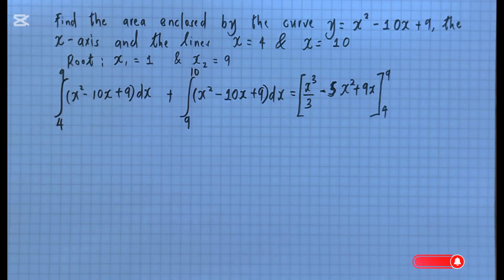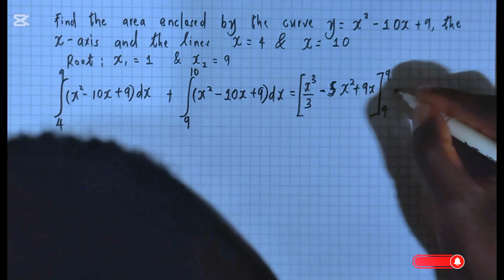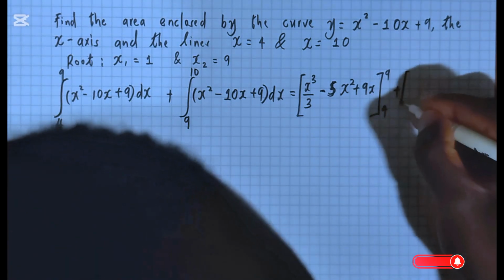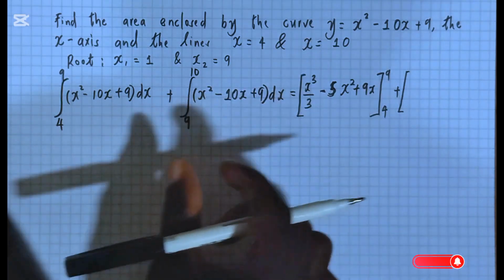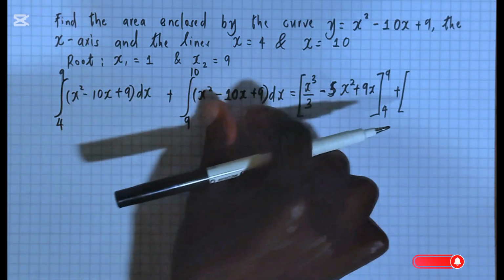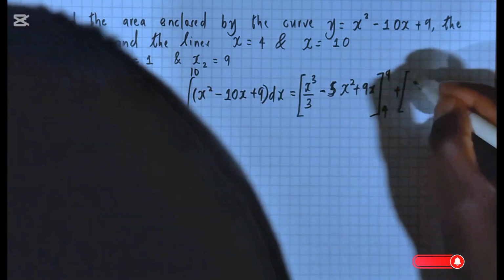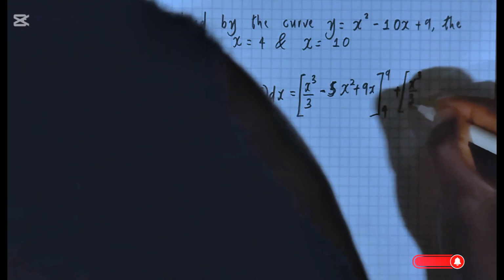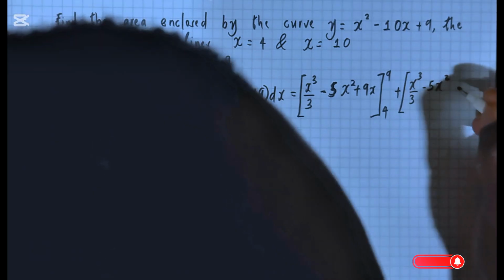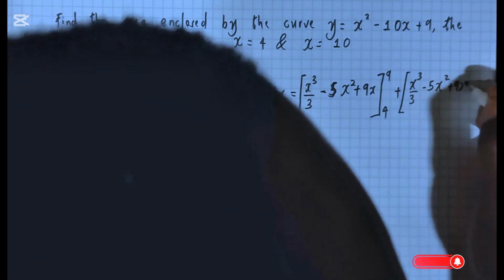Then for the second integral part, we are going to add, of course, the same function. Remember, the same function we're integrating here is the same function we're integrating there, so we don't have to go through all that again. It's x cubed over 3 minus 5x squared plus 9x.